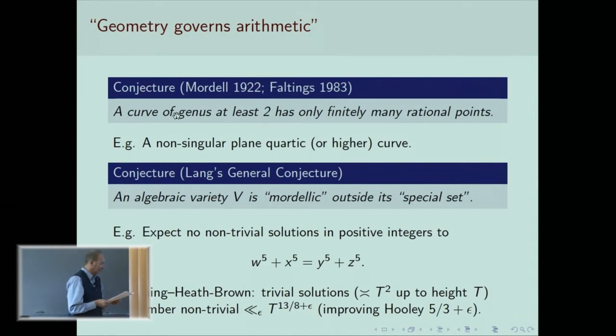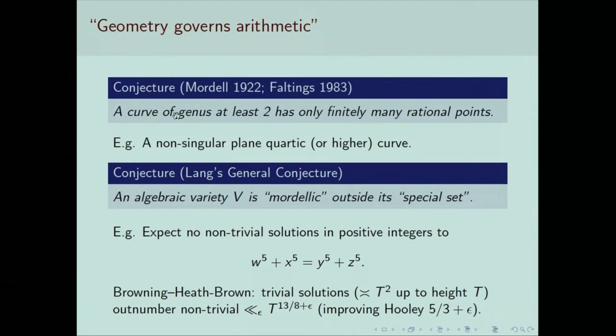So an overarching theme in diophantine geometry is that systems of diophantine equations do not have many solutions unless there's a geometric reason. And this is the philosophy of geometry governs arithmetic, promulgated especially by Serge Lang. And in this context, not many solutions tends to mean finitely many. And somehow the paradigm or prototype statement here is the Mordell conjecture of 1922, proved by Faltings.